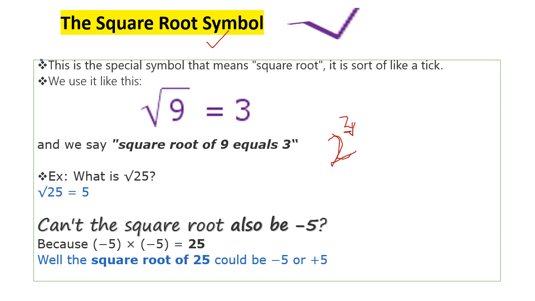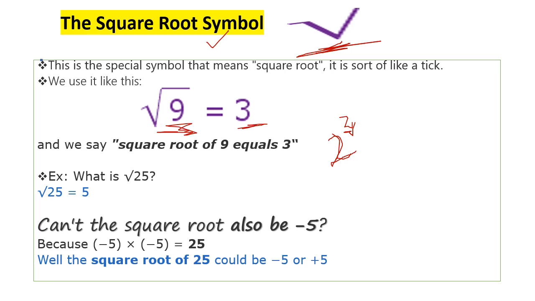Similarly, the symbol for the square root is this stick, a symbol like this. Okay, so whenever it is asked in your question to find out the square root, first you have to put this symbol and then you have to put the given number under it. Okay, like this. For example, if I have to find out the square root of 9, it comes out to be equal to 3.